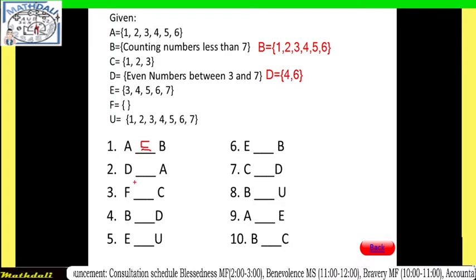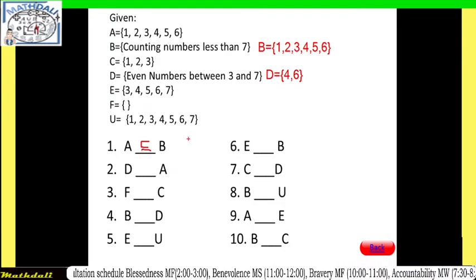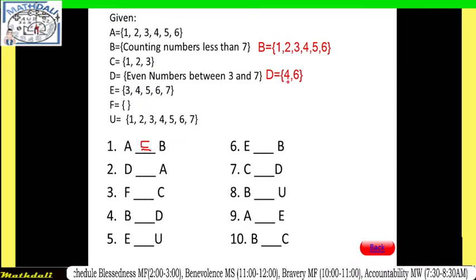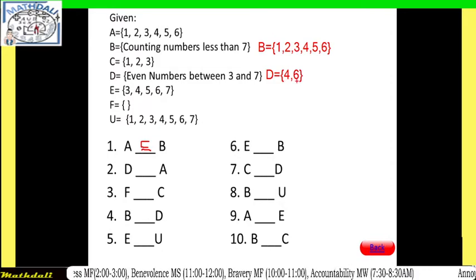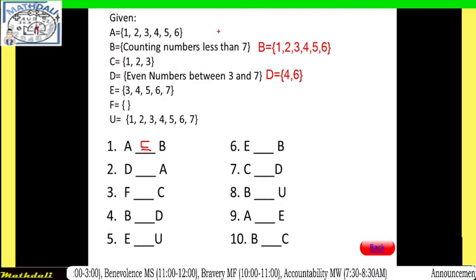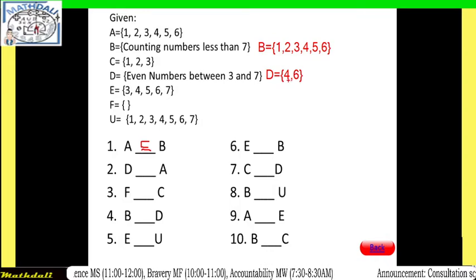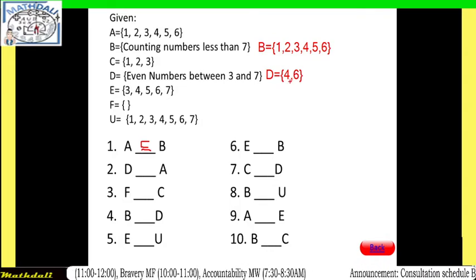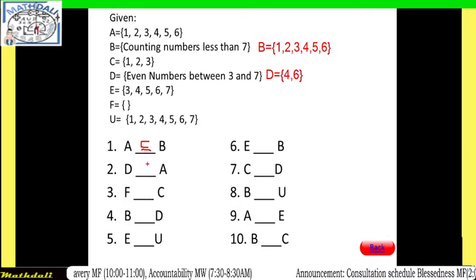Number 2. Set D and set A. Titignan natin yung set D. Ang element natin dito, we have 4 and 6. Itong 4 and 6 ba makikita sa set A? Basta lahat ng element meron si set D ay makikita sa set A, yan ay subset.